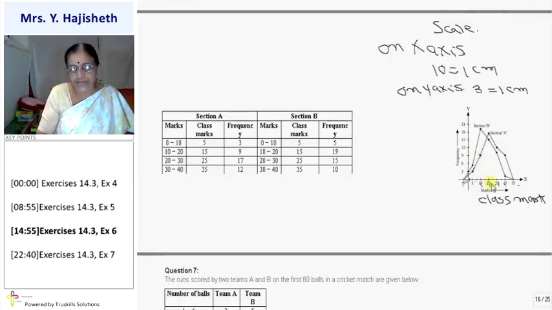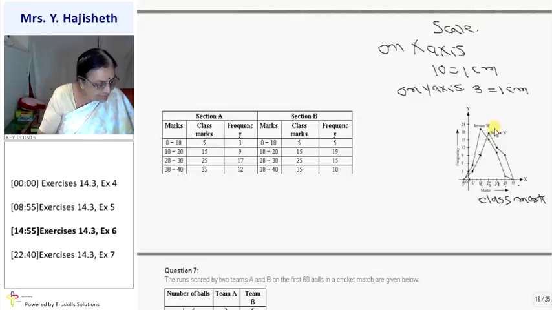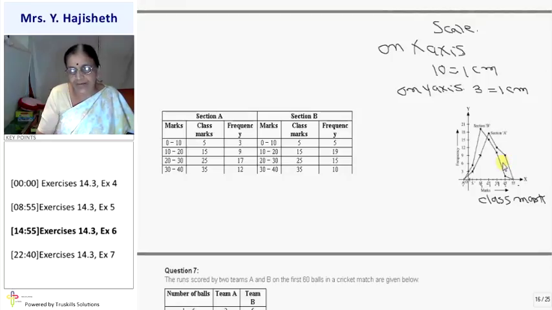Third point is 25, 7. Then 35, 12. This is my 35, 12. And last is 45, 9. Okay? First, second, third, fourth and fifth.